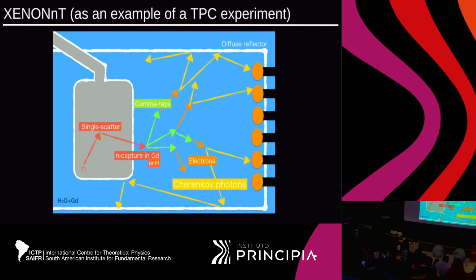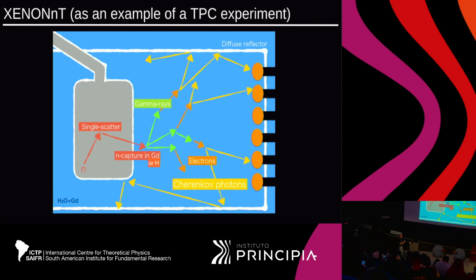And the thing is that it needs to get in here with enough energy to produce a nuclear recoil that you can see, because also the TPC has an energy threshold, and if the nuclear recoil is below this energy threshold, you will not see it, okay? You will discard it. And if it has enough energy to produce that, it definitely has enough energy to come outside, or not definitely, but very likely has enough energy to come outside.